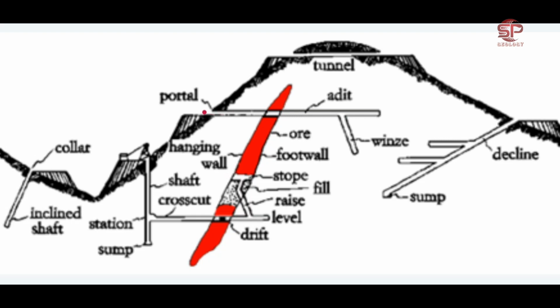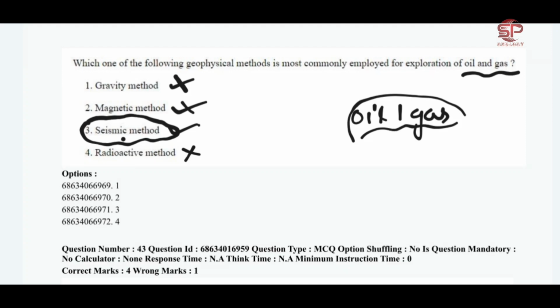These are adits, these are horizontal openings. This is your decline for rubber-tyred vehicles, and this is your shaft. The answer will be adit.